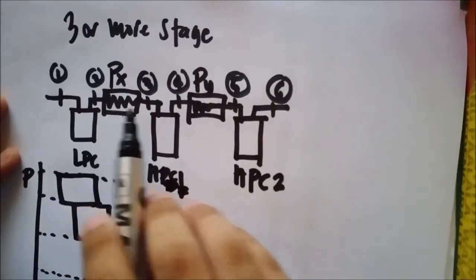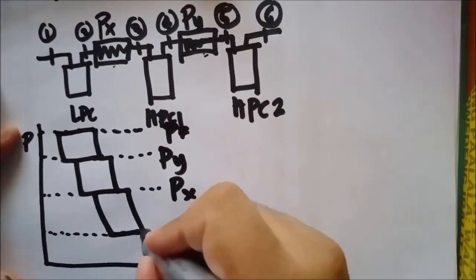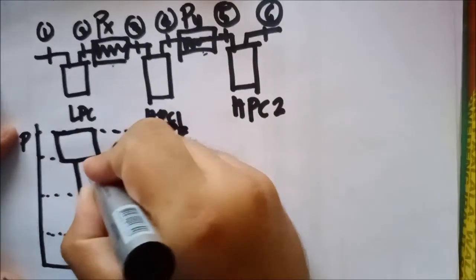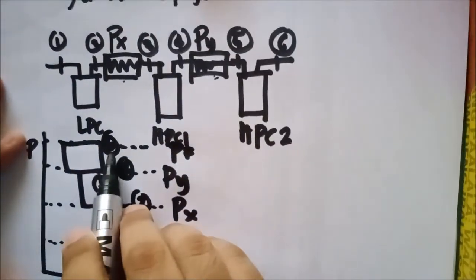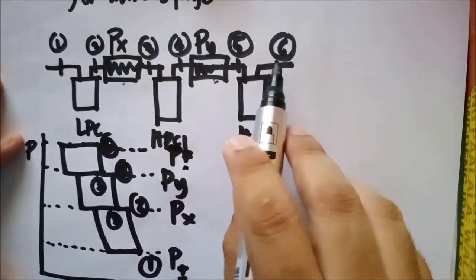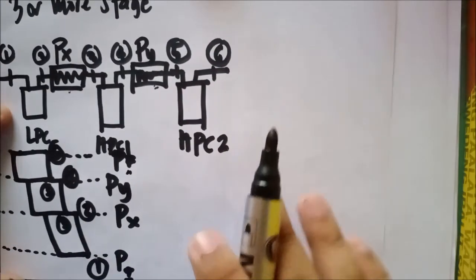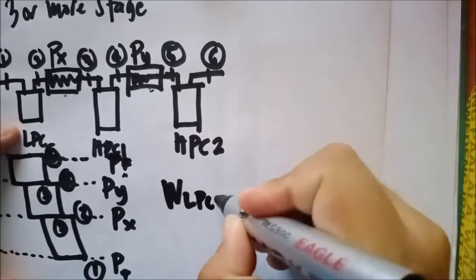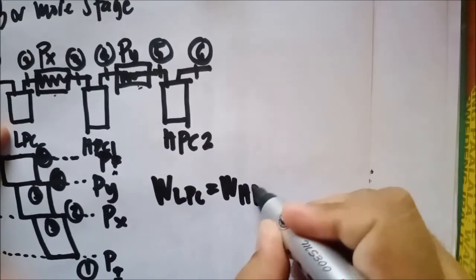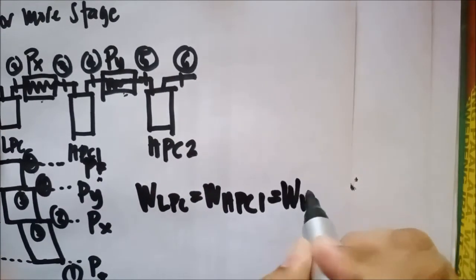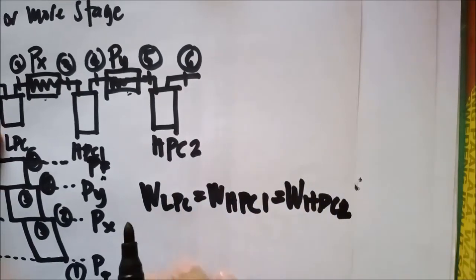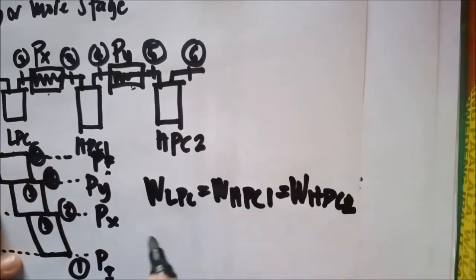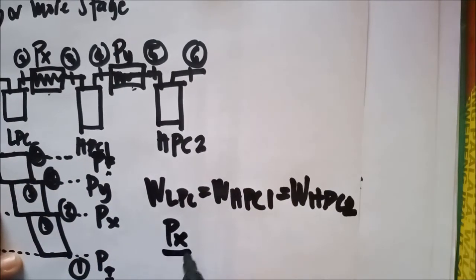So this is where the intercooler happens, at this pressure. So this is point 1, 2, 3, 4, 5, and 6. So see, pressure P6 is the pressure final. So basically, with the same principle that the work LPC is equal to work HPC1 is equal to work HPC2. So when you expand this through the compressor work formulas and cancel out the remaining, it will be like this.